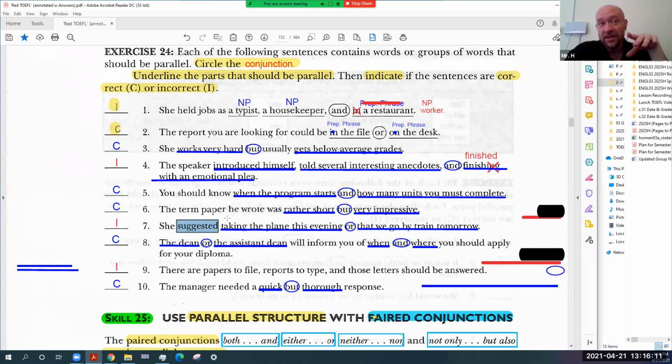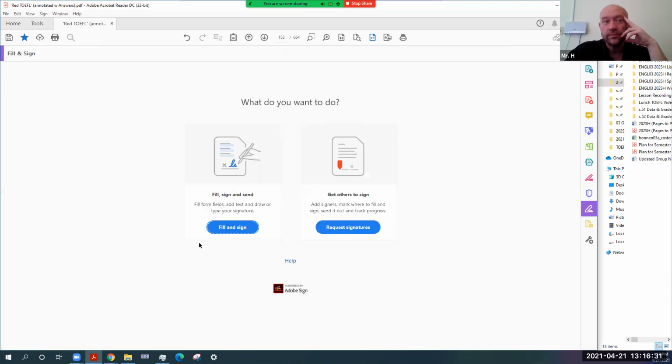So we have here a gerund, taking the plane. And here we have a noun clause. This is not parallel. There's no balance here. How do I make it parallel? What should I do? Any suggestions? Change the second one. How?